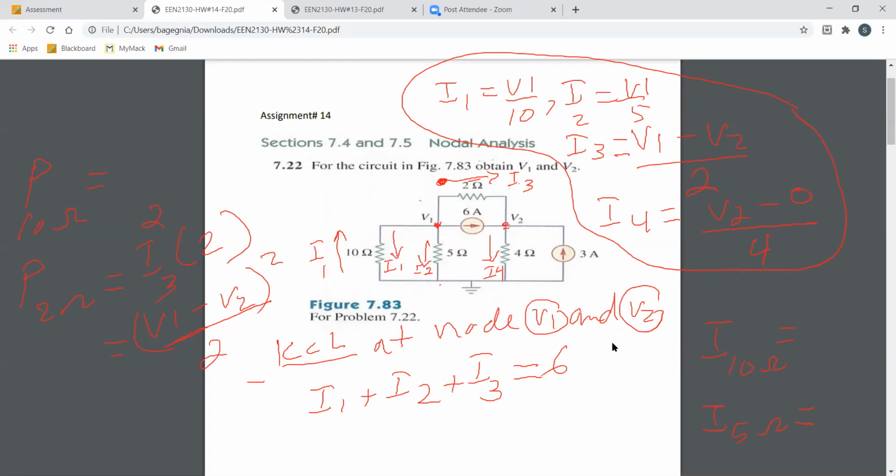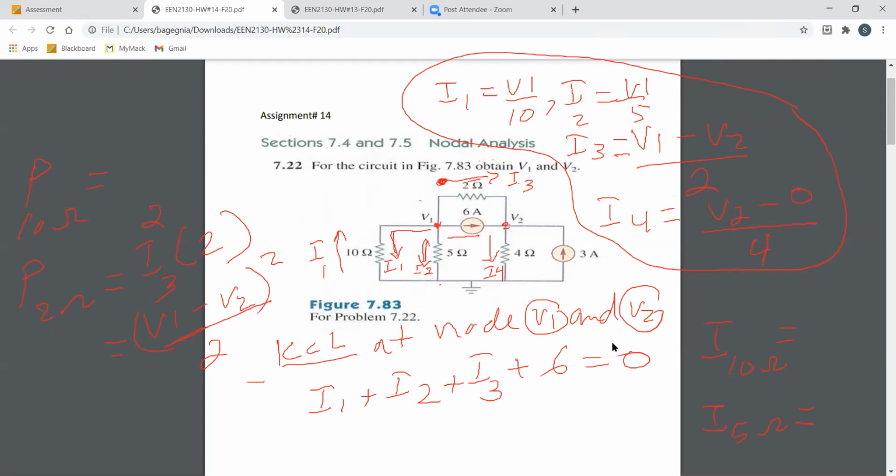Oh, wait a minute, all of them are leaving, correct. It's my mistake here. So this will be plus 6 equal to 0. So there's no current entering the node, according to our assumption that I1, I2, and I3 are leaving.